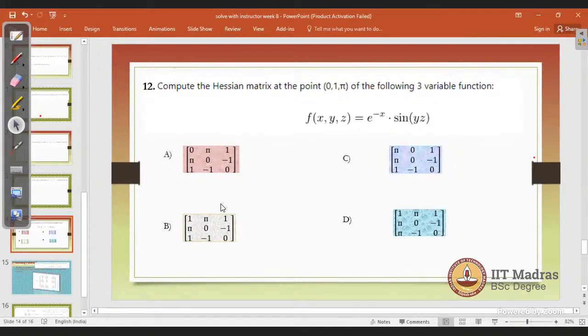Few people suggest that del square f by del x square should be equal to 0. That is also a good approach, as I told you about the options removal method. Yes, that's correct.